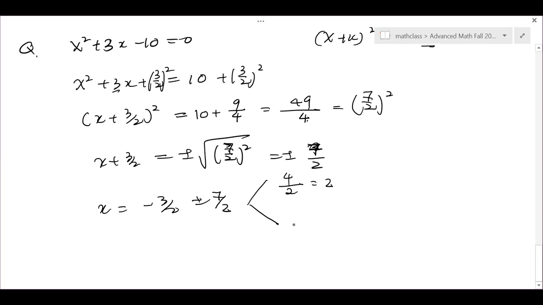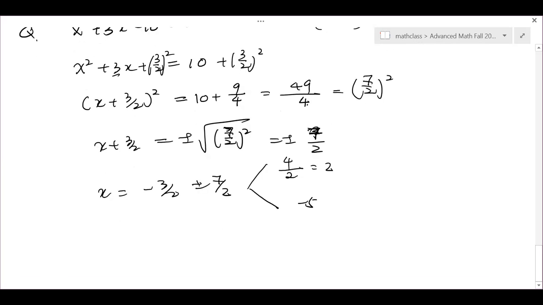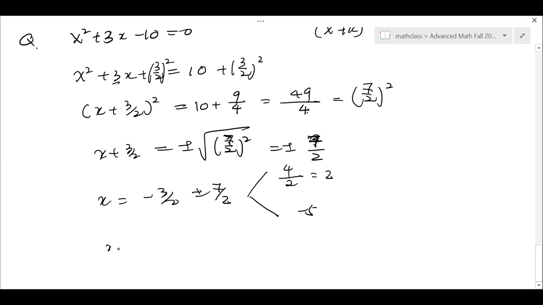When you choose minus, negative 3, negative 7, negative 10 divided by 2, negative 5. So you have two solutions, 2 and negative 5. So you're going to get two solutions actually. x1 equals 2, x2 equals negative 5. So these are the two solutions.